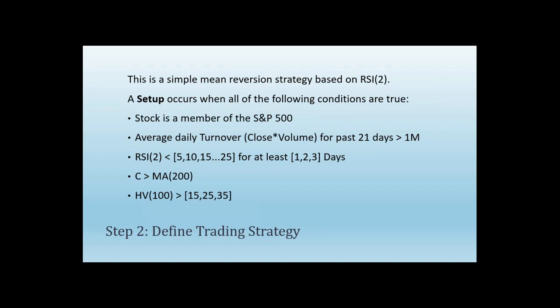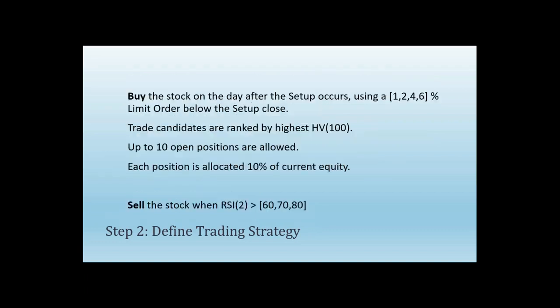When all of those things are true, we're going to place a limit order basically on the day after the setup occurs, and we're going to use a limit percentage of 1, 2, 4, or 6% below the close of the setup day. If we have more setups than we have capital available to actually take new trades, we will rank the trade candidates by the highest historical volatility.